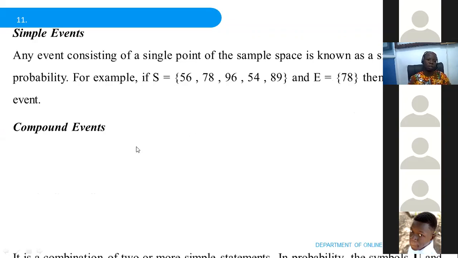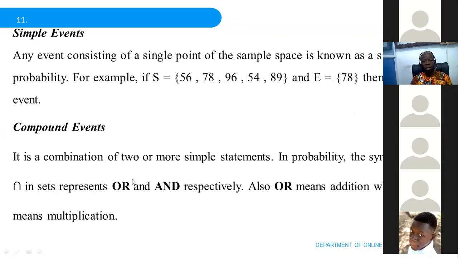Compound events are a combination of two or more simple events. So if you have two or more simple events and you are combining them, we say that is a compound event. In probability, this is the union symbol, and this is the intersection symbol.